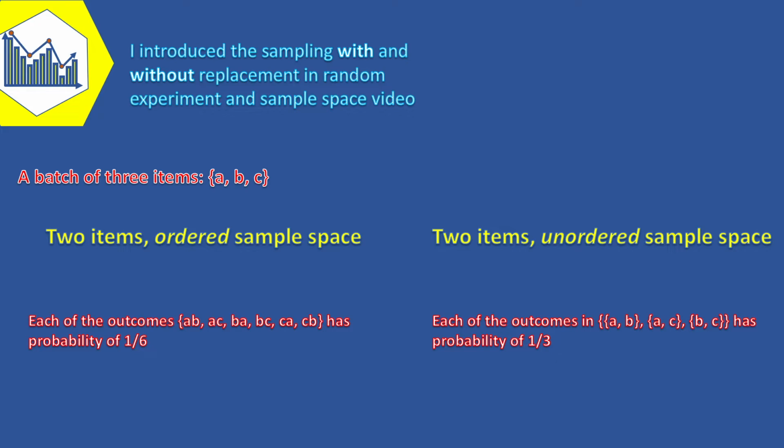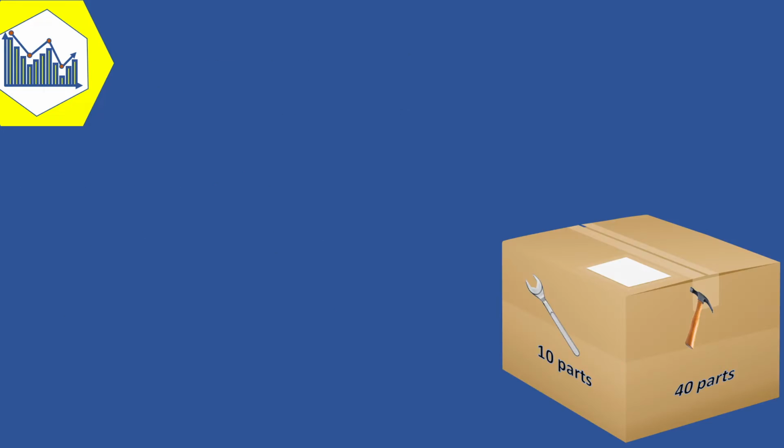When a sample is selected randomly from a large batch, it is usually easier to avoid enumeration of the sample space and calculate probabilities from conditional probabilities. For example, suppose that a batch contains 10 parts from tool number 1 and 40 parts from tool number 2.